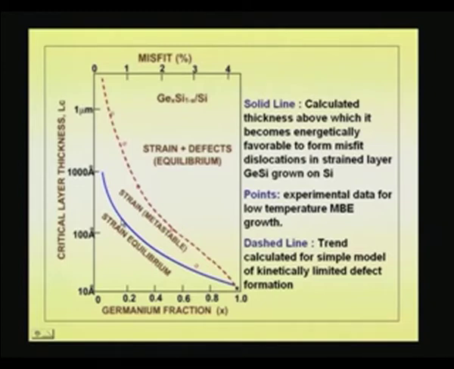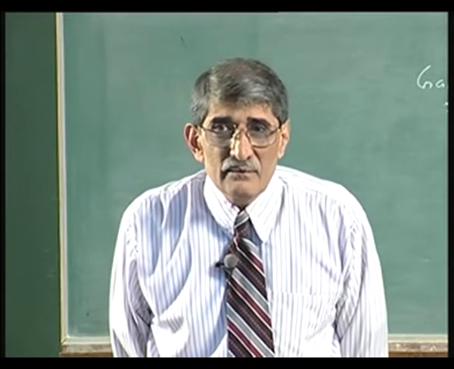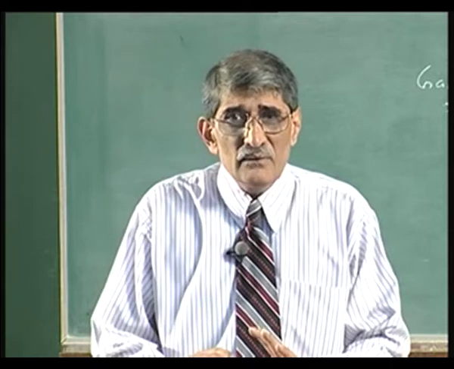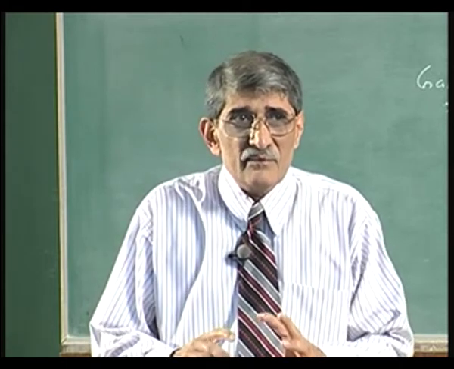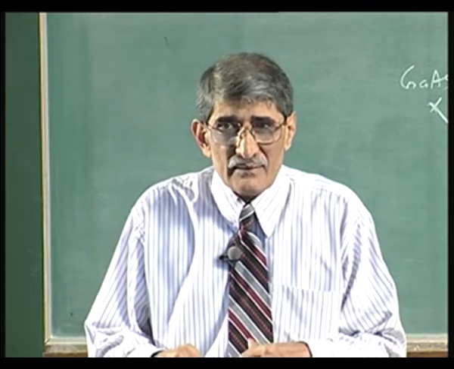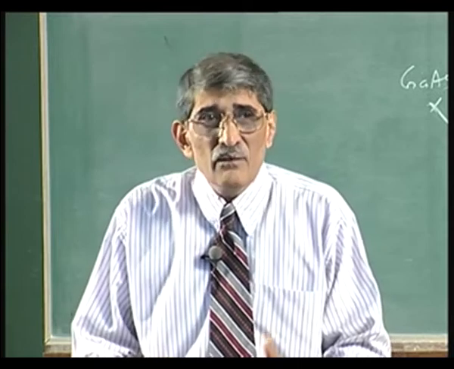This was the initial theoretical value. But if you do this growth by an ultra high vacuum technique like MBE, you can get thicker layers which are defect free. In the sense, as you grow, you do not provide the high temperature required for them to break up the bond. So, it grows without breaking the bond for thicker layers.